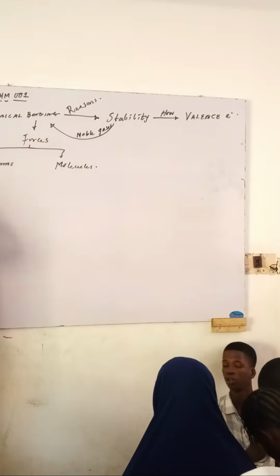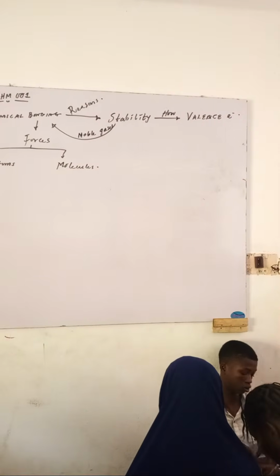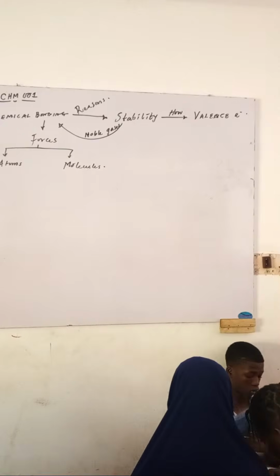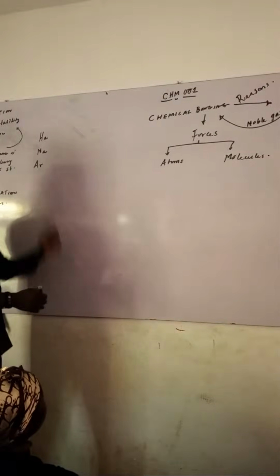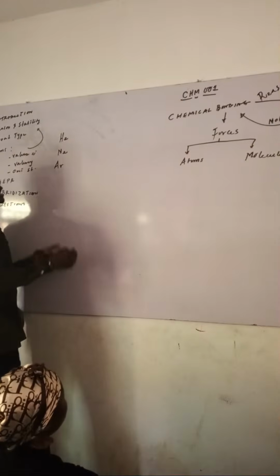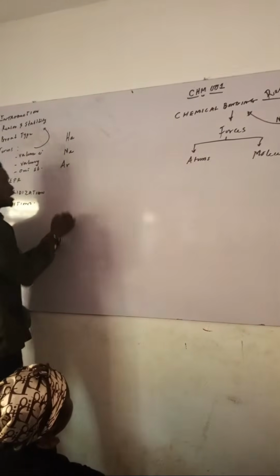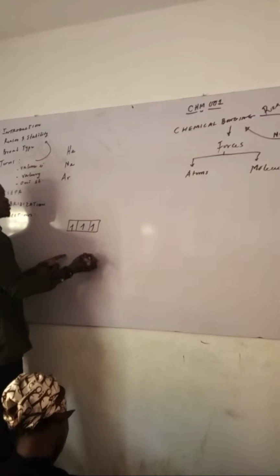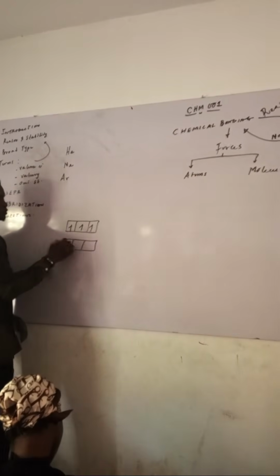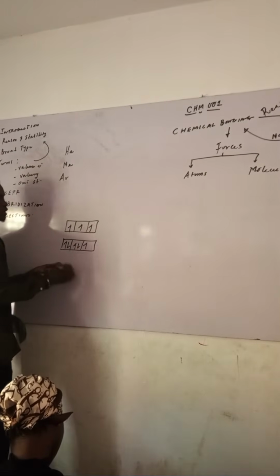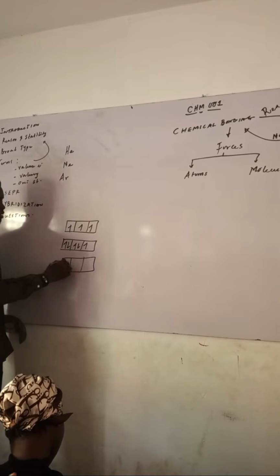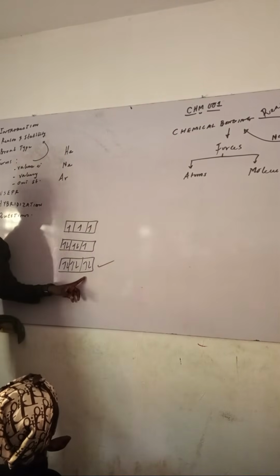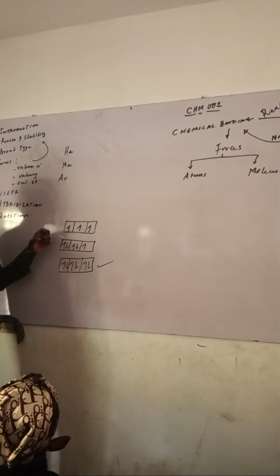And you remember the noble gases for simplicity. We have helium, neon, argon, and so on. Now, let me use helium and neon for example. I told you something in the last class, that when you have a configuration like this, 1, 2, 3, this configuration is very, very stable because all the orbitals are filled.